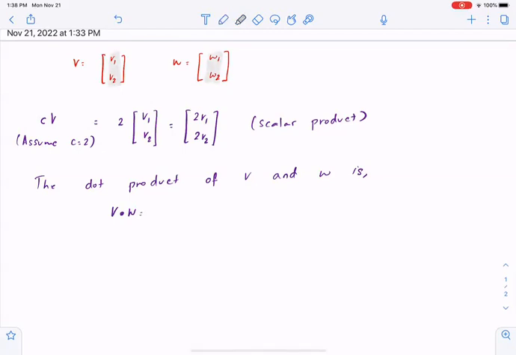But when we get to the dot product, the first vector we flip and write as a row. So V1, V2, and W1, W2.